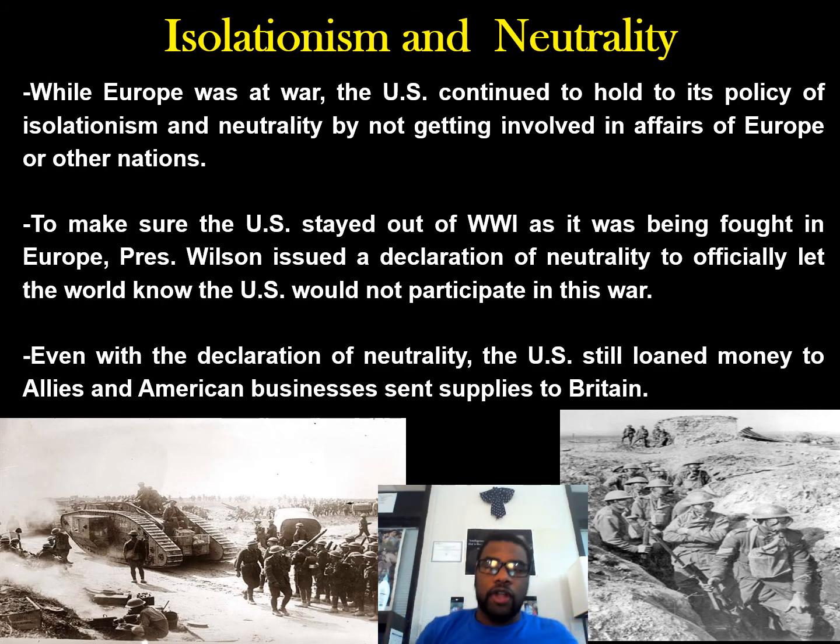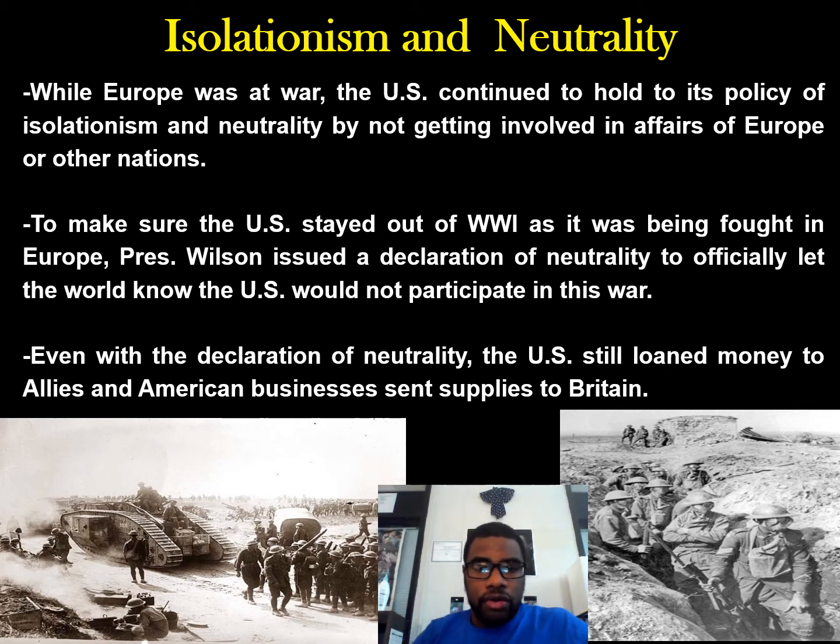All right, first starting off with isolationism and neutrality. While Europe was at war, the U.S. continued to hold to its policy of isolationism and neutrality by not getting involved in the affairs of Europe or other nations.